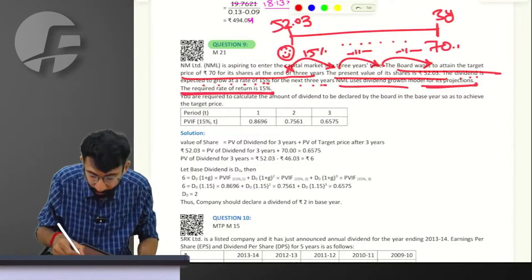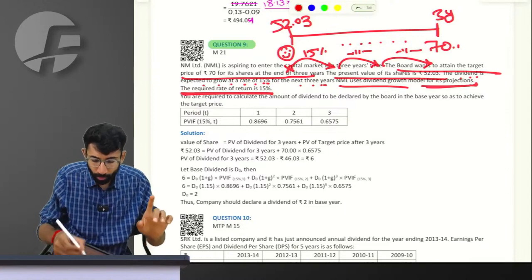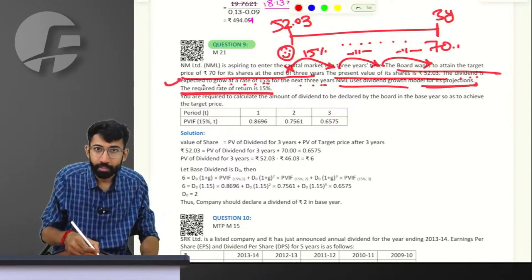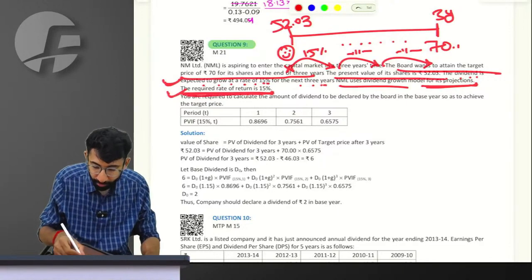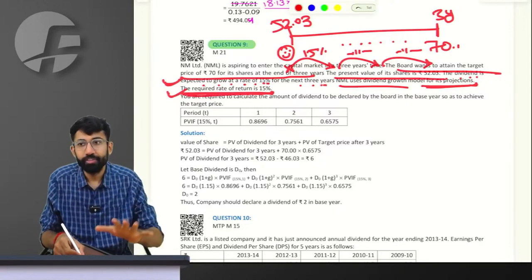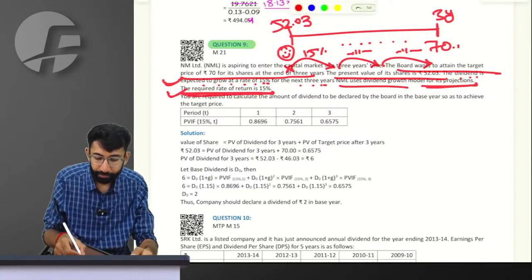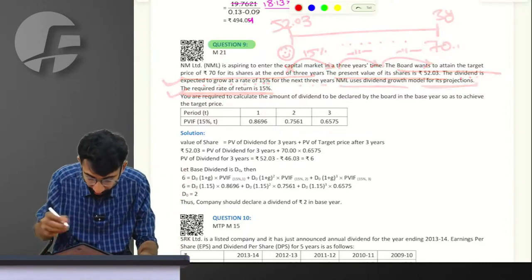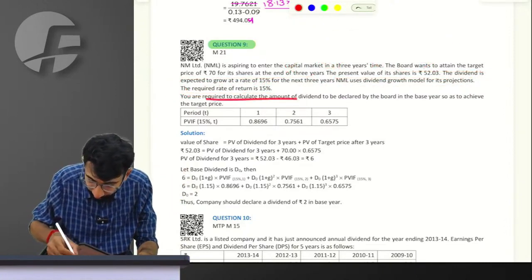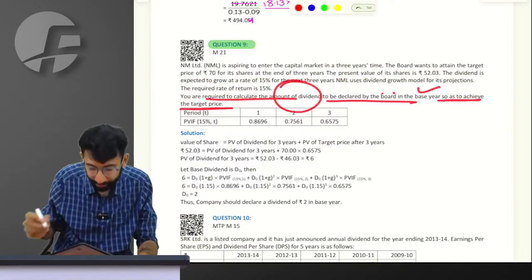Required rate of return is 15%. Growth rate is 15% and even the required rate of return is 15%. If the timeline is clear, let me now take you to the question ahead. I'm removing this timeline for now. You are required to calculate the amount of dividend to be declared by the board in the base year so as to achieve the target price.